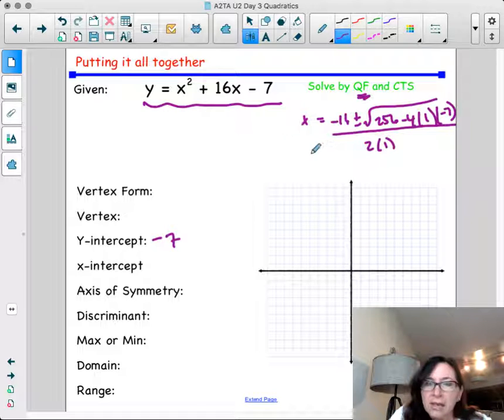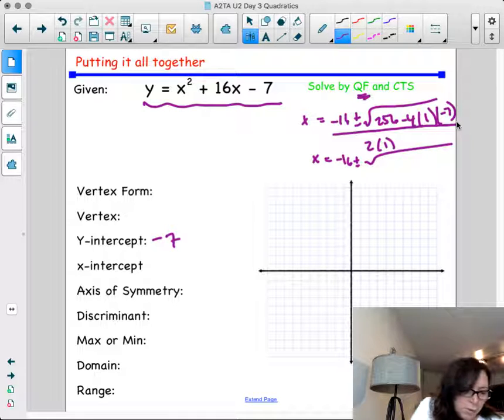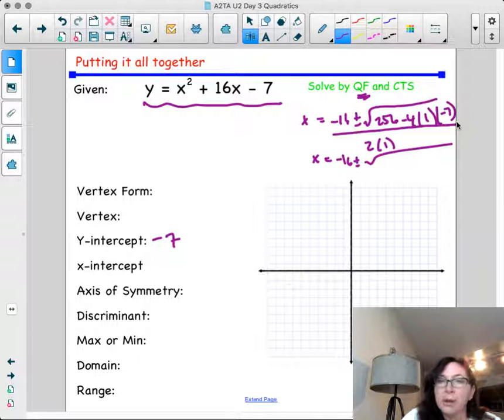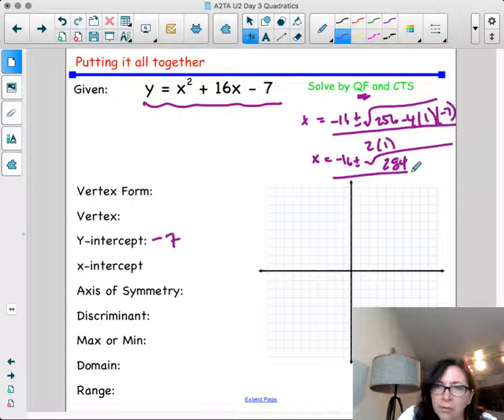All right, so we have x equals negative 16 plus or minus, let's see, what would be 256 plus 28? And that's going to give me 284. The square root of 284 is approximately 16.9. So this is 284 over 2.